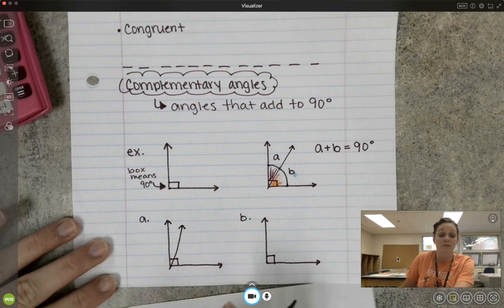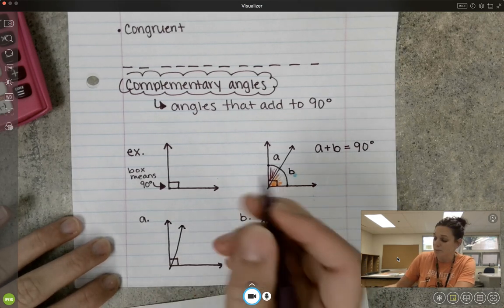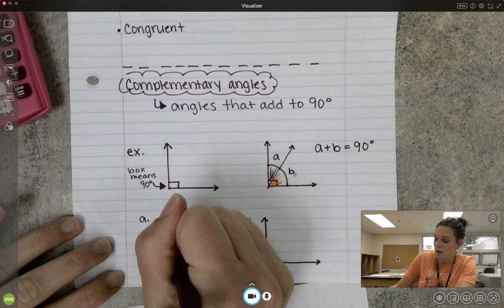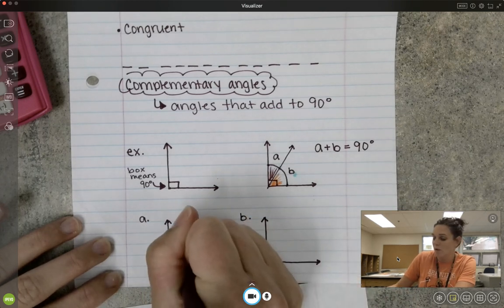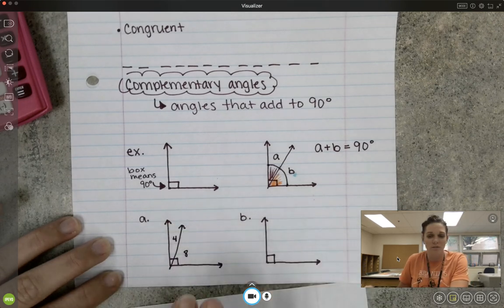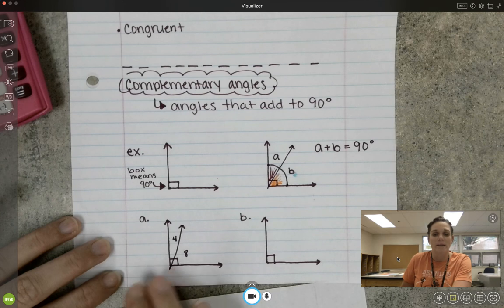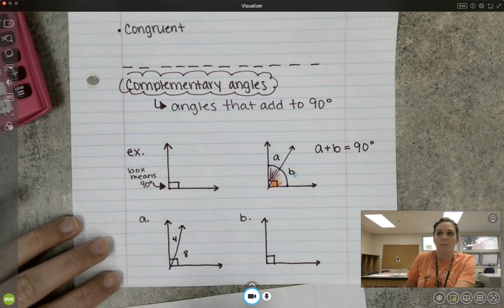That line is very crooked. My apologies. Let's call this one angle 4, and we're going to call this one angle 8, because I want you to get used to it's whatever they give you. It's not necessarily what you think or what numbers are there.